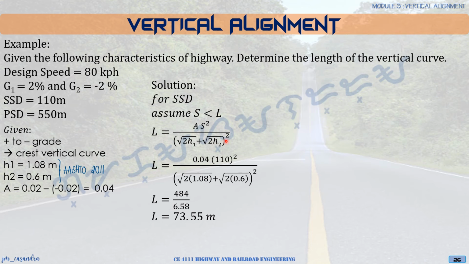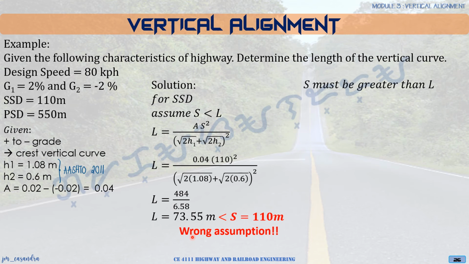So comparing this to our stopping sight distance, it is lesser than the given SSD. So therefore, our assumption is wrong. So S should be greater than L. Okay?